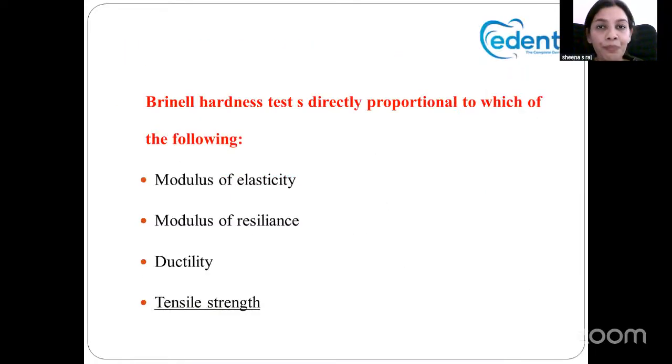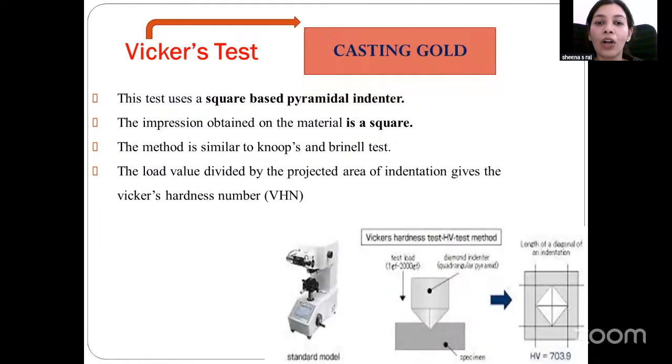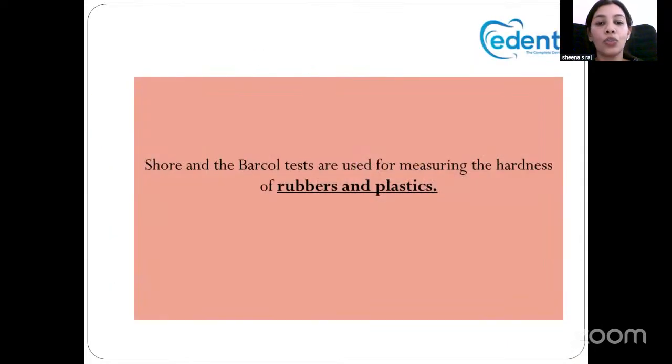The various hardness tests, the various shapes of the indenters that are used, and what is the force that is used, whether it has been used in metals, plastics, or thin sheets, etc. Next important point to add on to hardness test is these two tests.